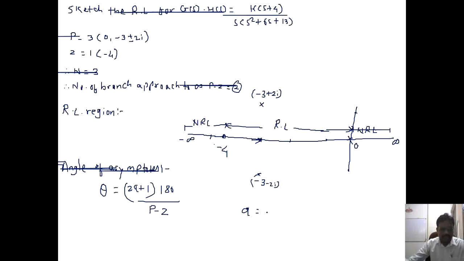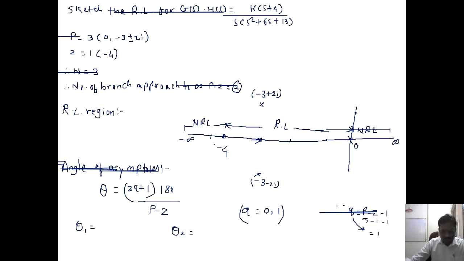So p minus z is 3 minus 1, that is 2, and 2 minus 1 is 1. So the value of q is 0 and 1. If you have two values of q, you will get only two angles, theta 1 and theta 2.